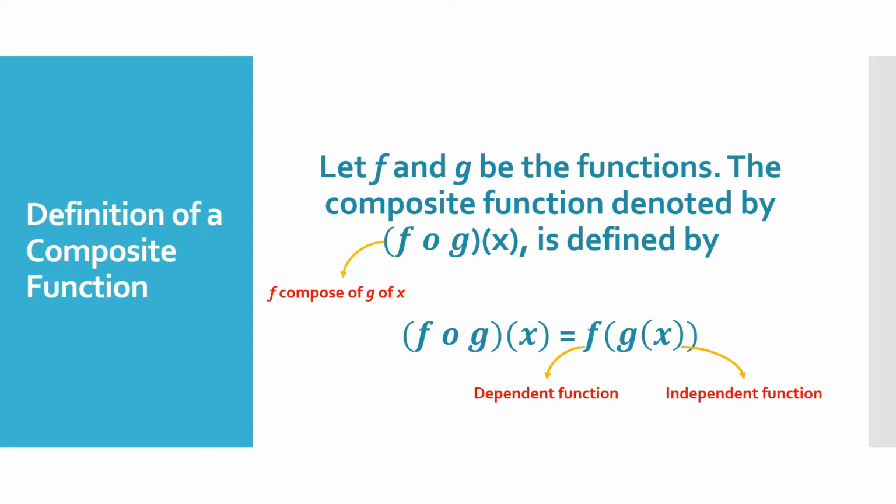Okay, if you notice the arrangement, mag-una si function f, magsunod si function g. Or si function g naa sa sud sa function f. That means, si function g ang atoa unyang i-distribute or i-substitute sa tanan nga x ni function f.